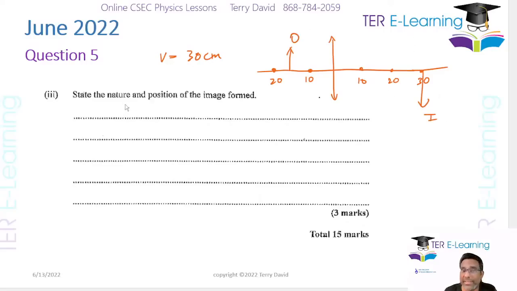They said state the nature and the position. Let's start with the nature. When you place an object between your F and 2F, it's going to be a real image. It's not a virtual image, it's a real image.